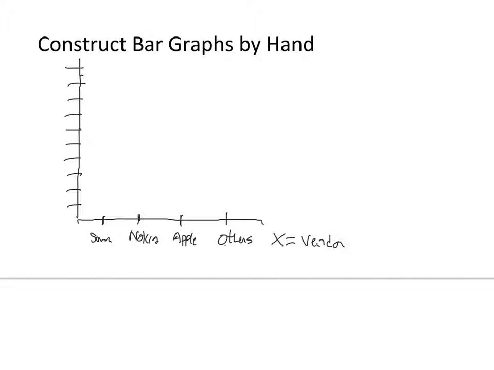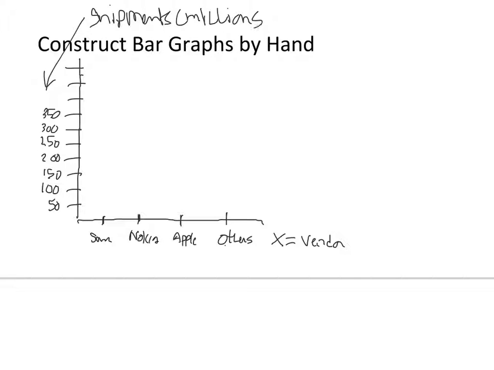We'll do this as 50, 100, 150, 200, 250, 300, and 350. I made it on that side, and I need to mark this as shipments in millions.